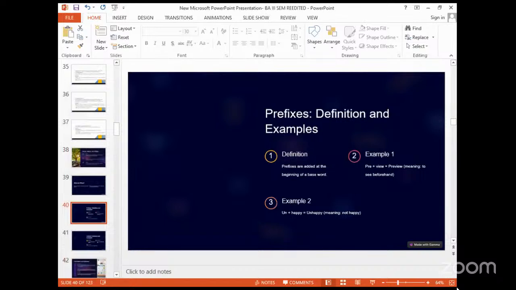As I told you, there are actually three types of affixes, but we are going to learn only two, prefix and suffix. There is something called infix also, which we are not going to learn about. We are just going to focus on prefix and suffix.